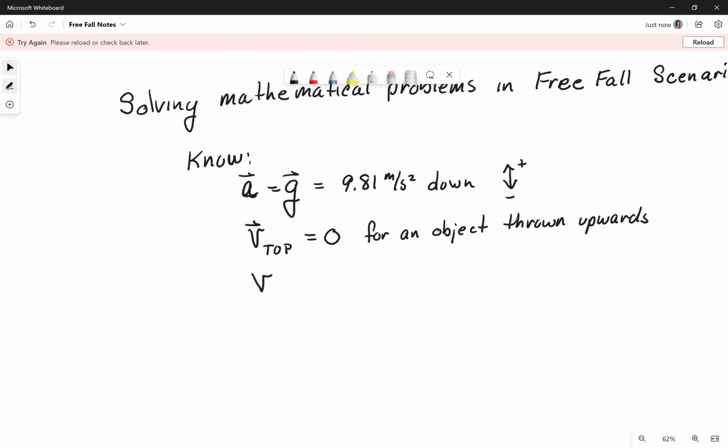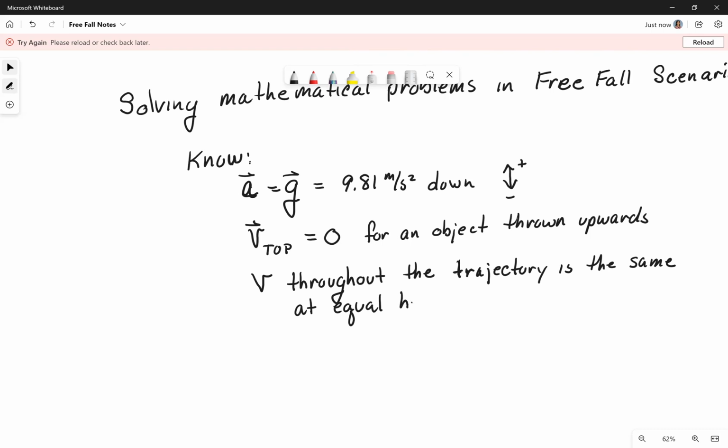The velocity throughout the trajectory is the same at equal heights above the ground.